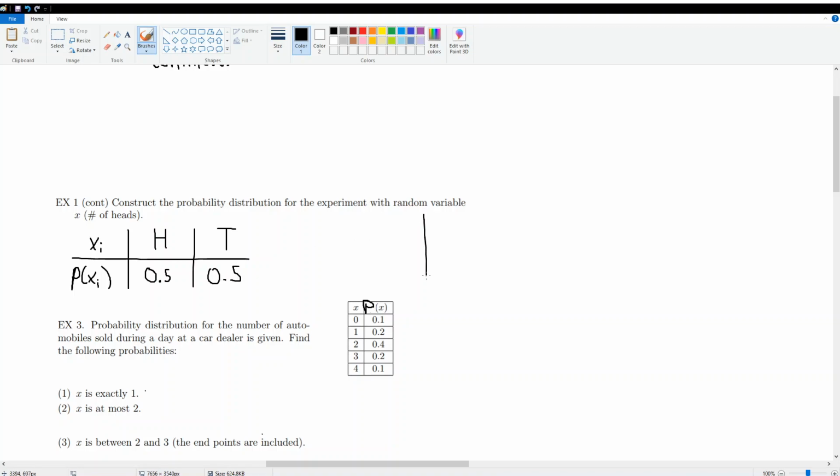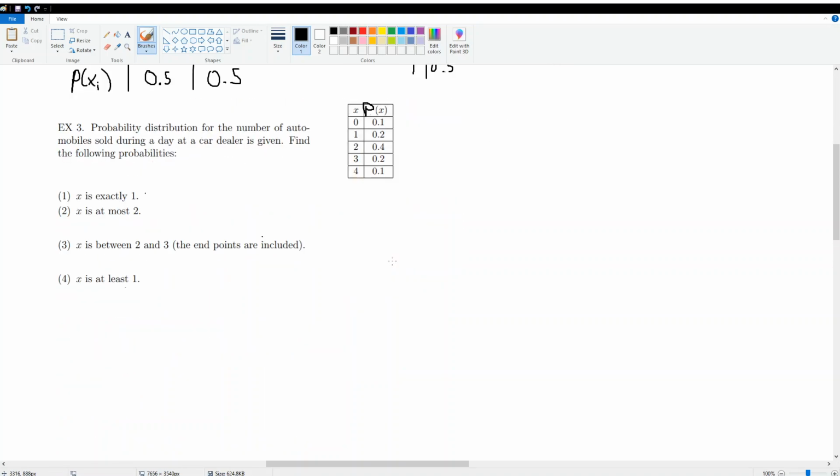If you wanted to construct it vertically, you can do that as well. And this is what it would look like vertically. They're both the same thing. Both are completely fine. So now what I want you to do is do this practice problem.